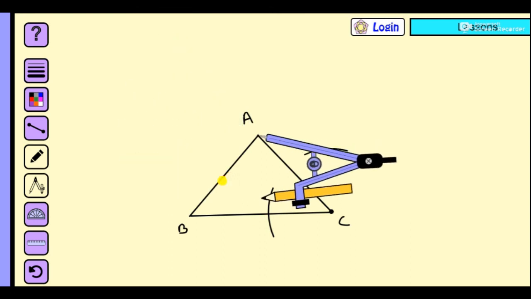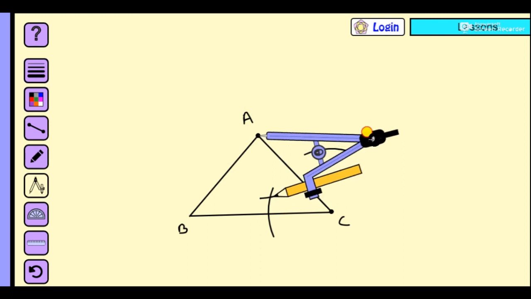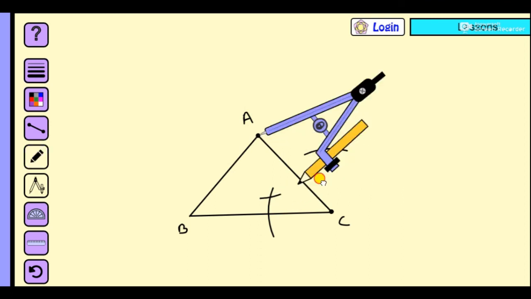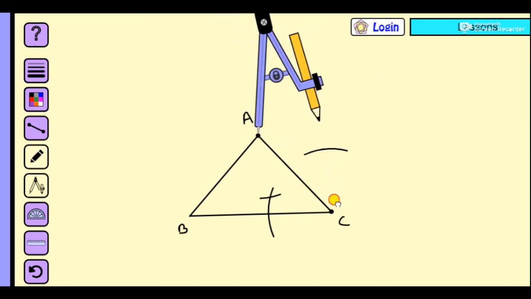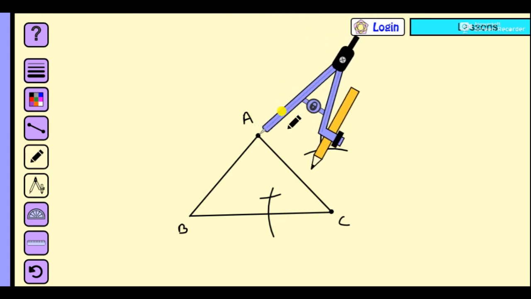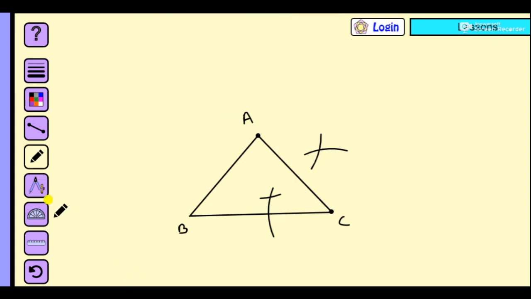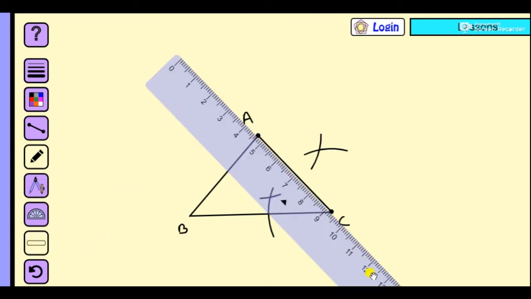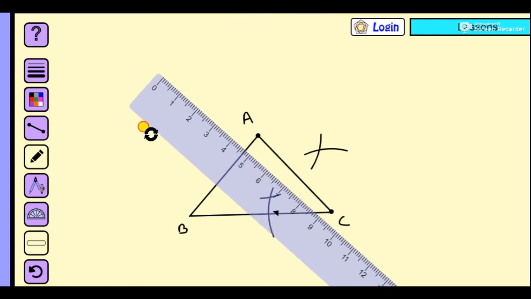The second one, make an arc like this, and once again make here like this, make this arc. Yes. Now remove the roundel and take the scale and now join this line.